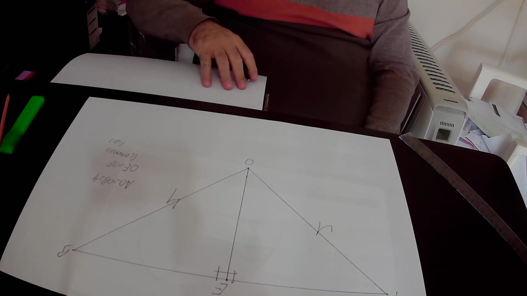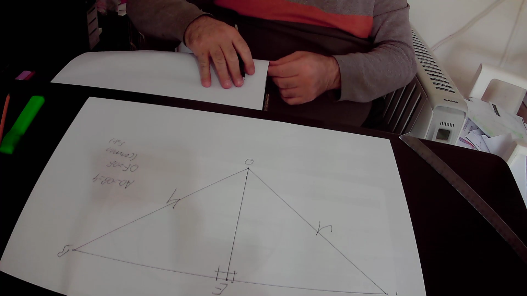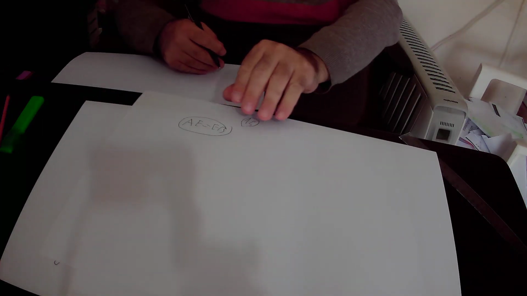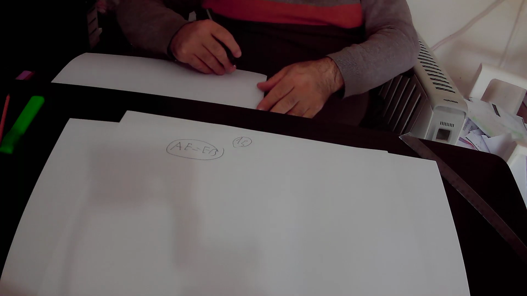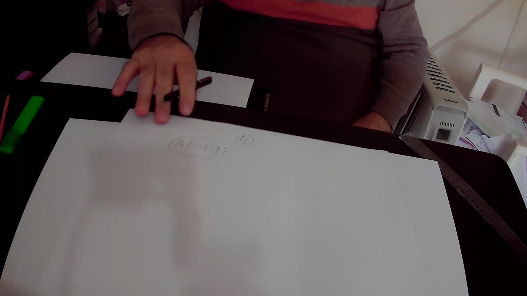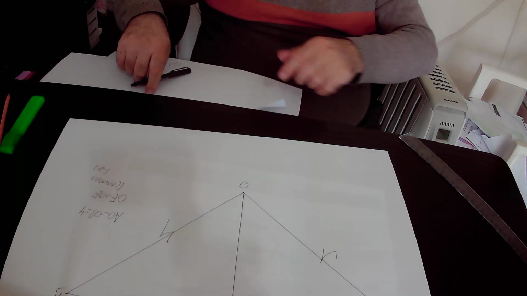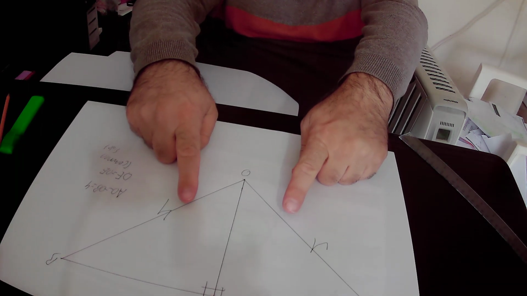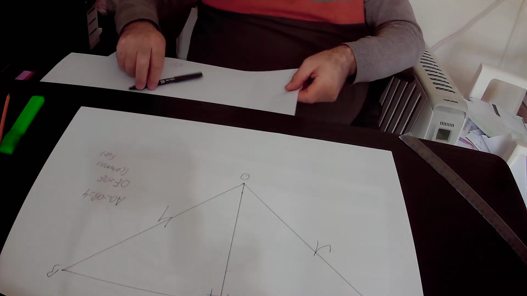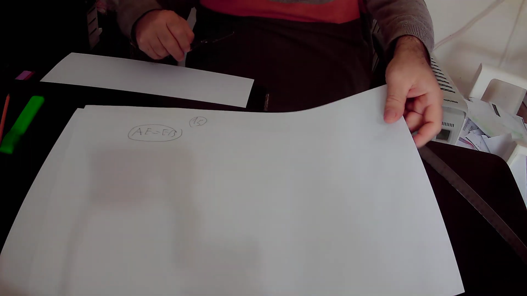Side AE equals side EB, according to the rule that corresponding sides in congruent triangles are equal to each other. Those two triangles are congruent, therefore the corresponding sides AE and EB will be equal to each other.